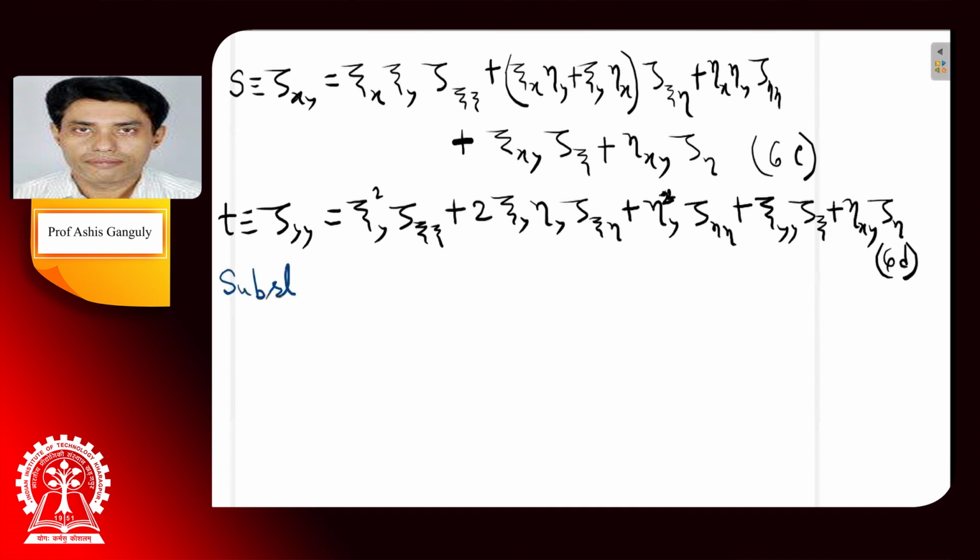So now substitute all the terms p, q, r, s, t in terms of the new coordinates into the starting PDE 1. Then you will have, of course, a number of terms there.